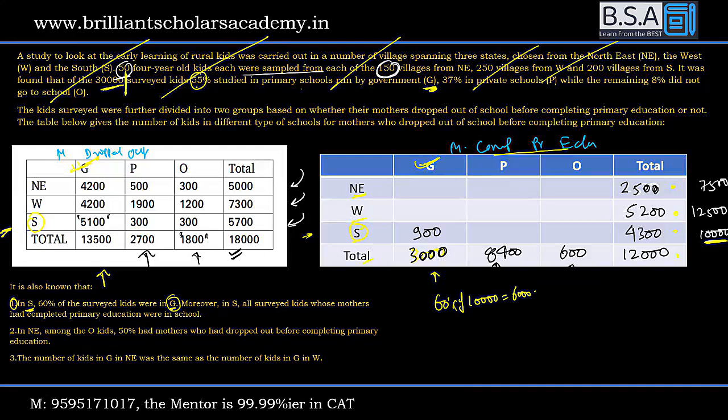Furthermore, in S, all the surveyed kids whose mothers completed primary education were in school. So if the mother has completed primary education, they must be in school. That means there can be no child outside the school. In S, if the mother has completed primary education, the child has to be in school.